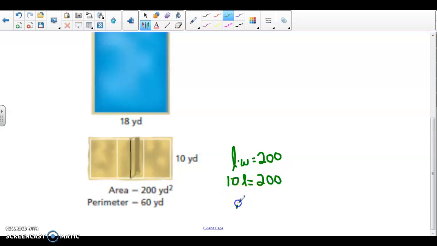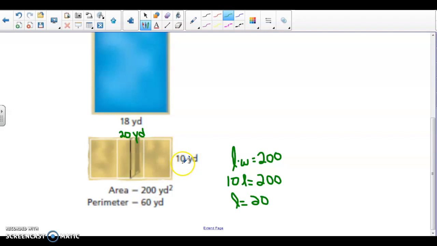So you divide both sides by 10, L would equal 20. Now from there, you can use this information to figure out what this side length is. There's also another way to do it.